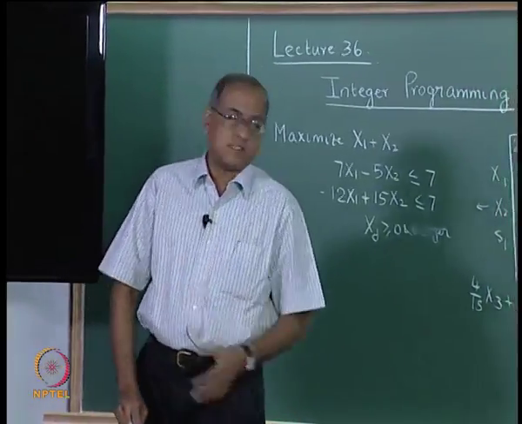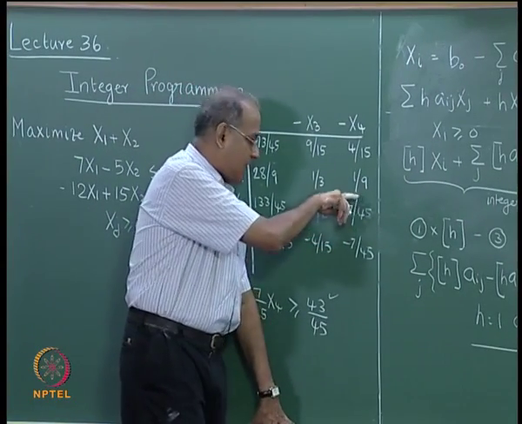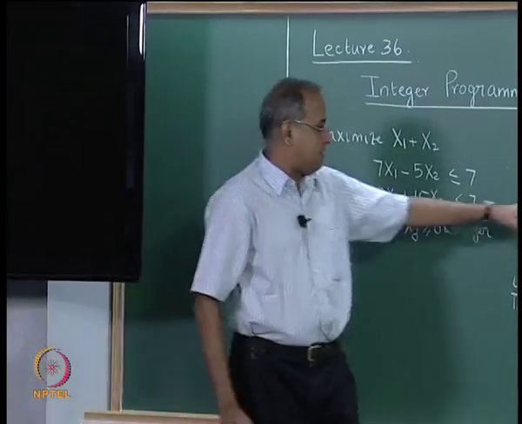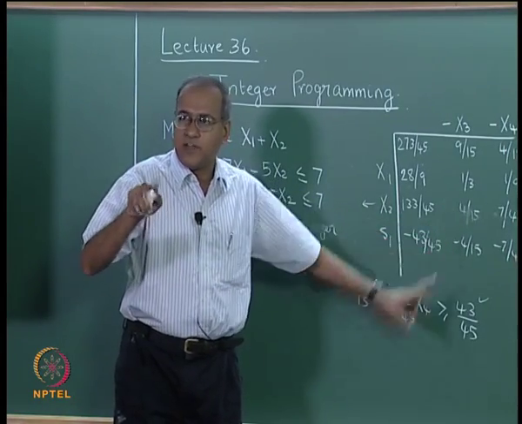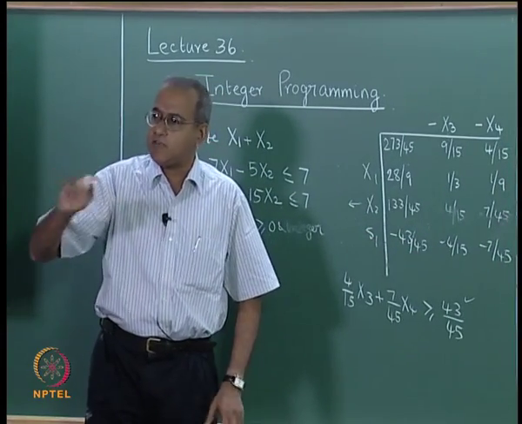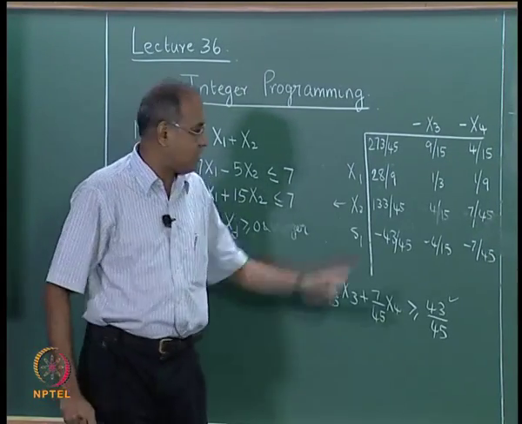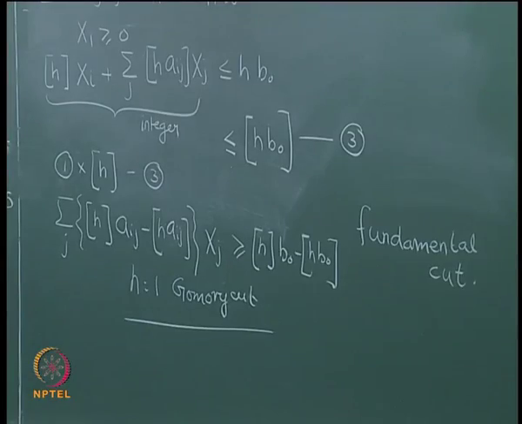So whenever this is a positive fraction less than 1, it automatically gets the negative sign. If this were 24 by 15, then it would have become 24 by 15 minus lower integer value of 24 by 15, which is 1, and 9 by 15, which is what we would have done with a minus sign. So this is the left hand side.